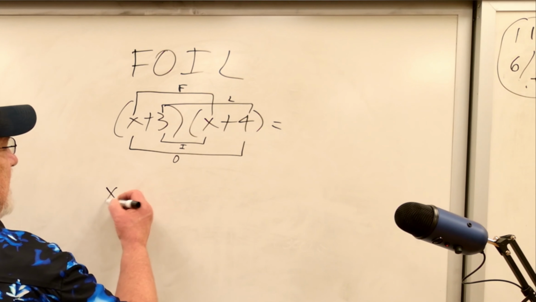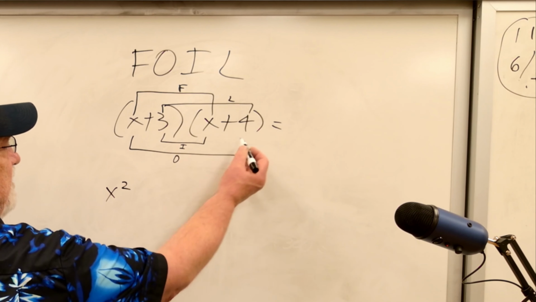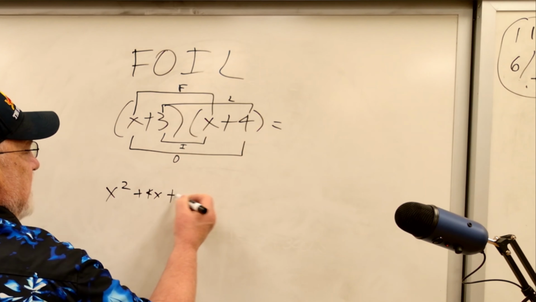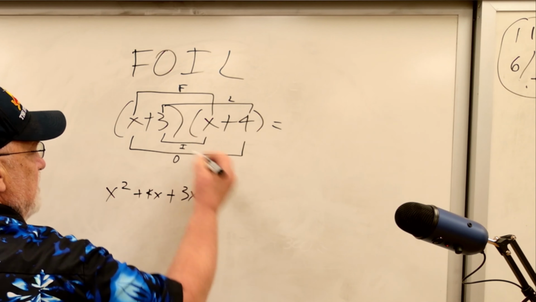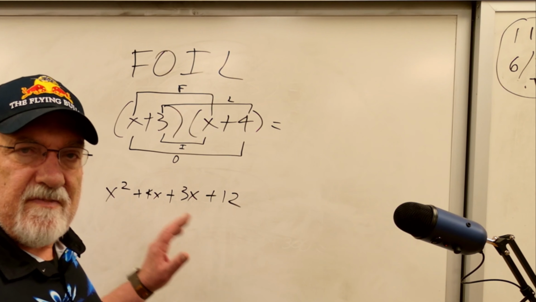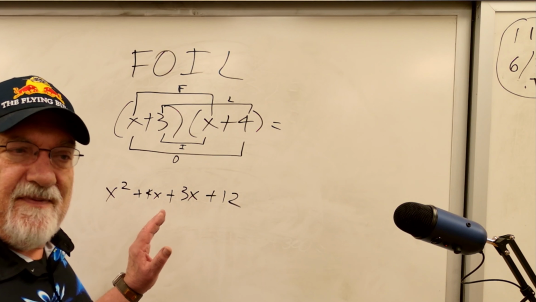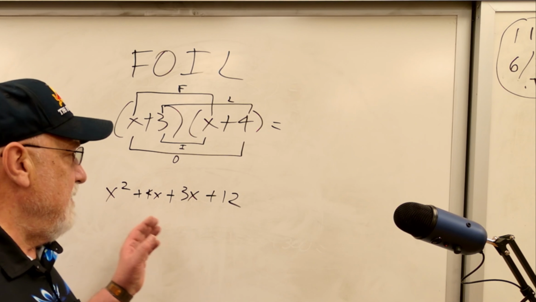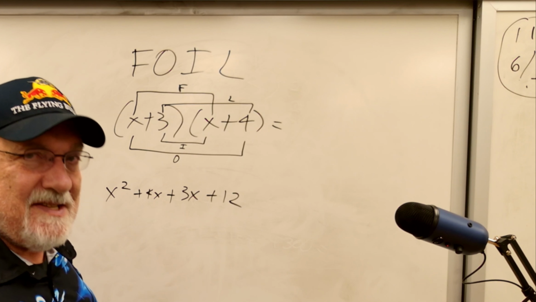X times x is x squared. And then we have 4 times x is 4x. And then 3 times x is 3x. And then 3 times 4 is 12. Now, one of the beauties of FOILing is you wind up with common factors in the middle of your setup. And so we have 4x plus 3x. What does that equal?